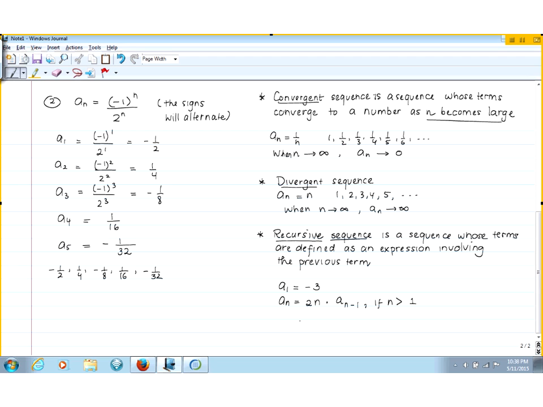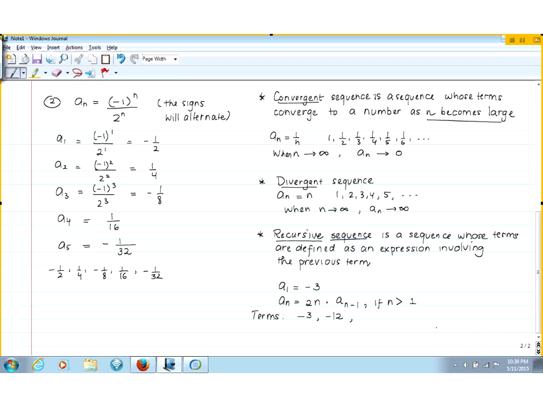Now let me copy this because we're going to write down a few numbers. So what are the terms of the sequence? The first one is -3. The second one is 2 times 2, so n is 2, so 4 times a1. So 4 times -3 is -12.